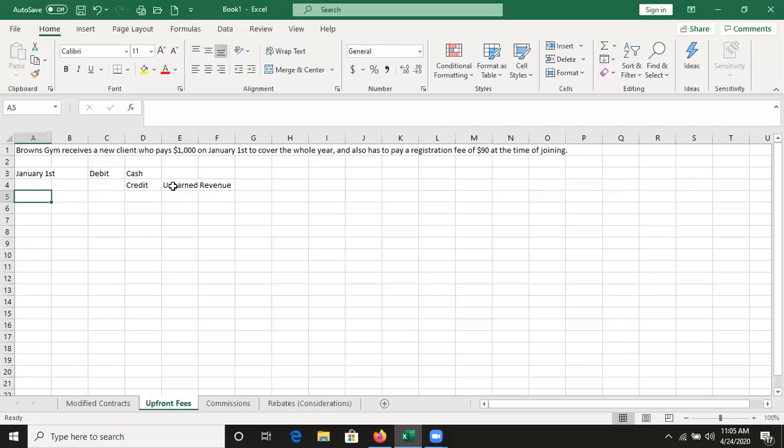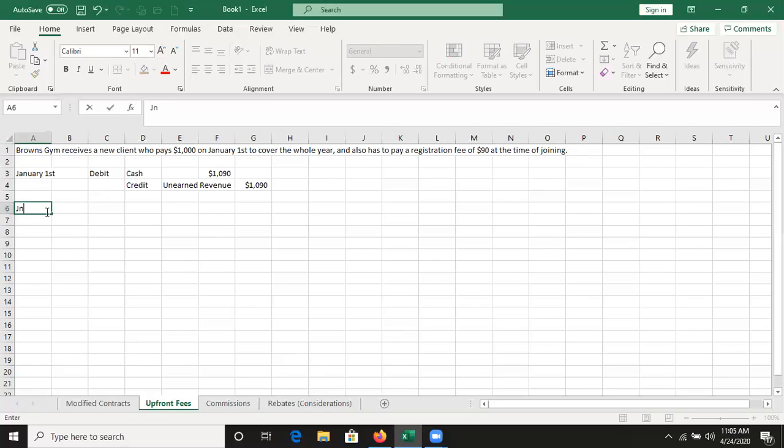And what we would do in this situation is we could actually join them together. So the $1,000 for the gym membership and the $90 registration fee, we could debit cash for $1,090 and credit unearned revenue for $1,090. Right? Now what happens each month?